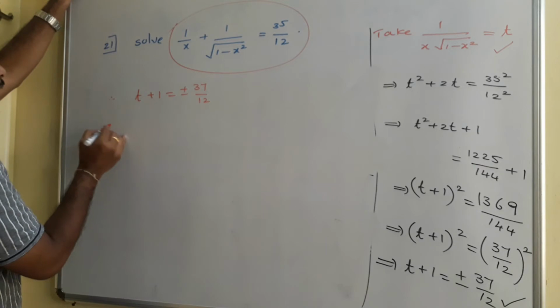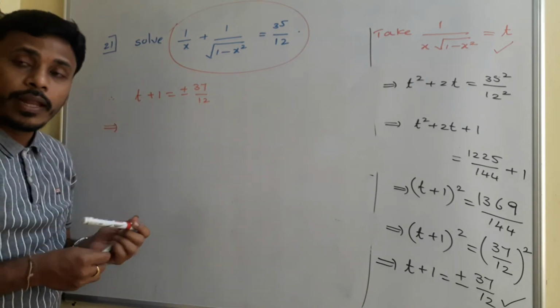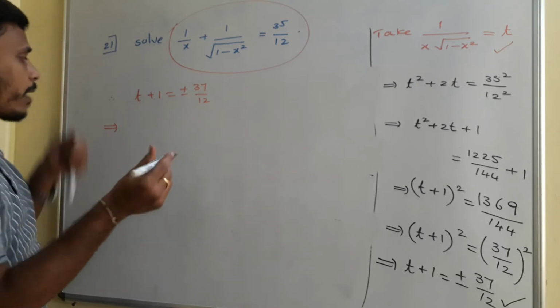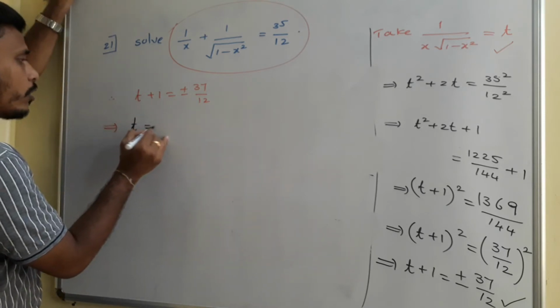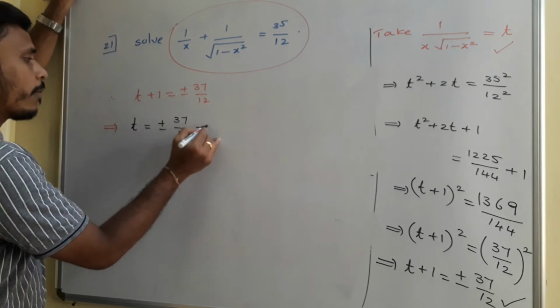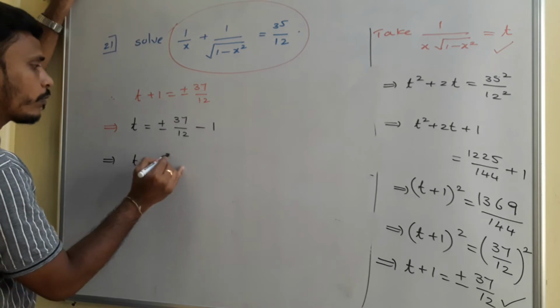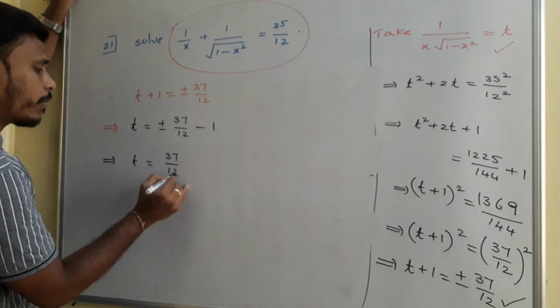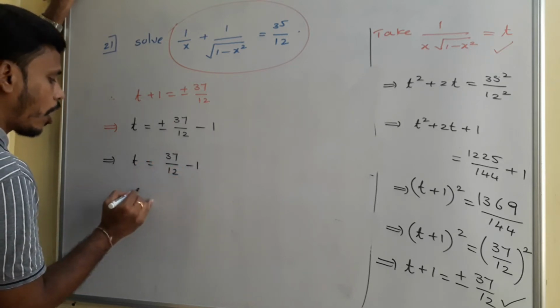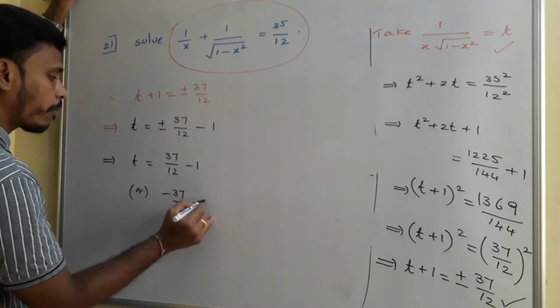Now I need t, and for that I need to send that 1 to the other side. Plus 1 going that side will become minus 1. So t is equal to plus or minus 37 by 12 minus 1, and that implies t is equal to 37 by 12 minus 1 or minus 37 by 12 minus 1.